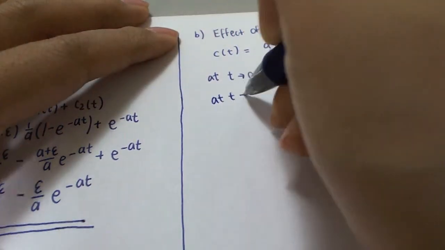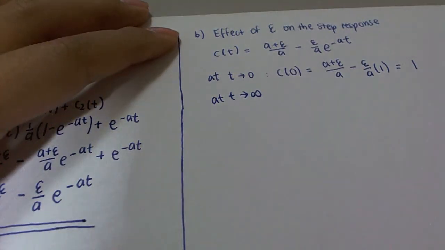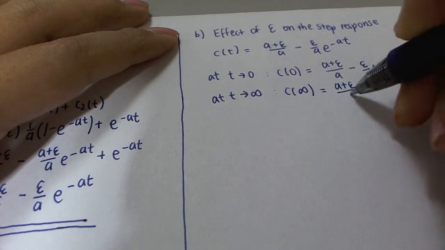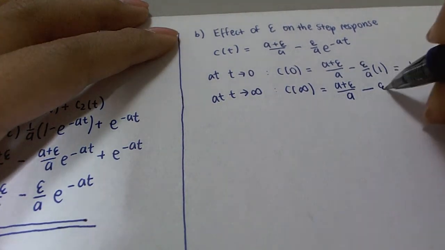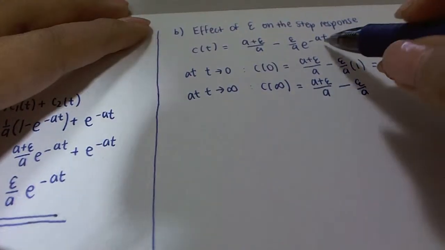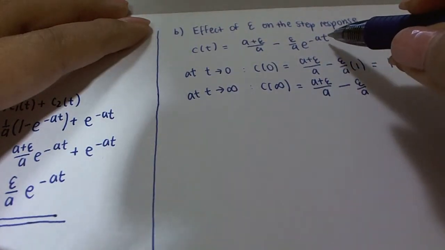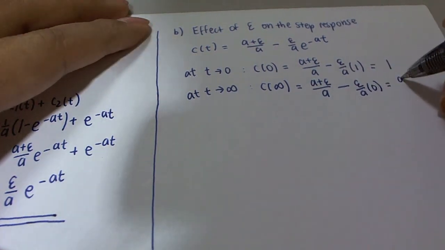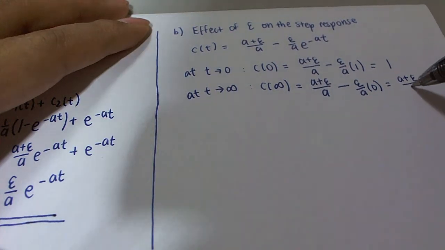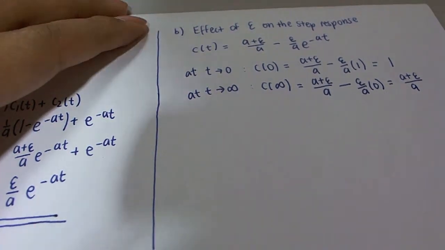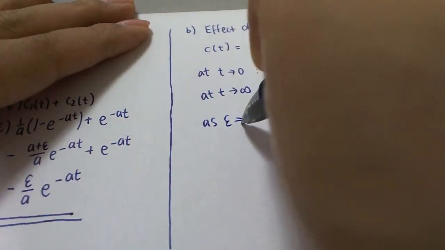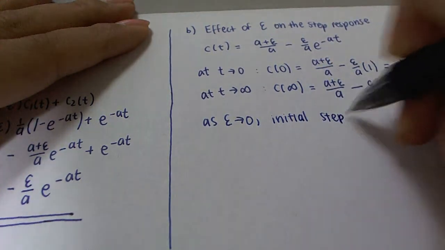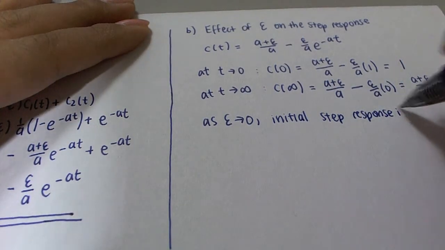And then at t tends to infinity, which is the steady state, we similarly get (a plus epsilon) over a, and then epsilon over a multiplied by e to the minus at, and t is equal to infinity, so we get 0 over here. So our result is basically (a plus epsilon) over a. So as epsilon tends to 0, the initial step response is unaffected.